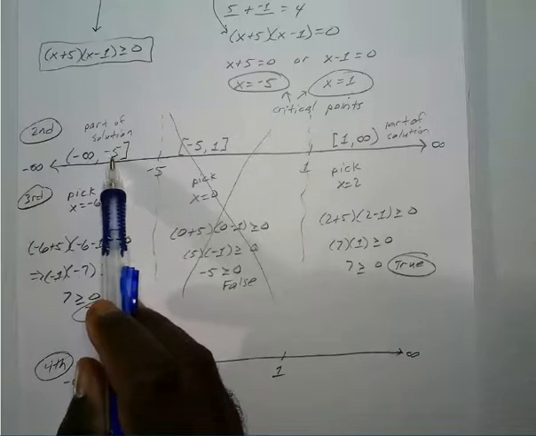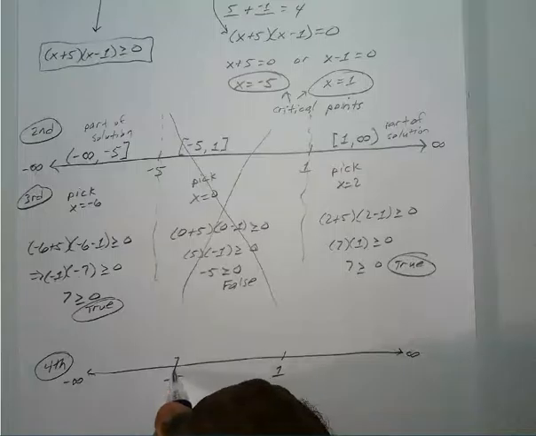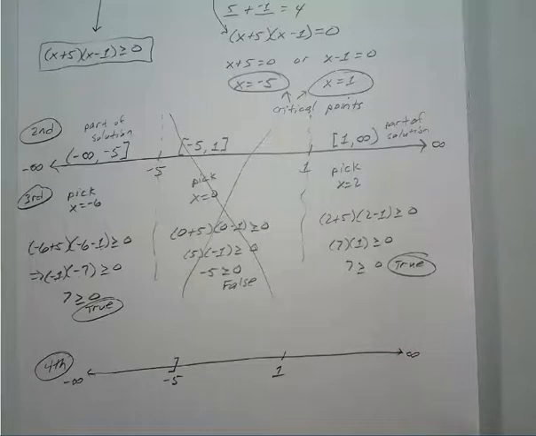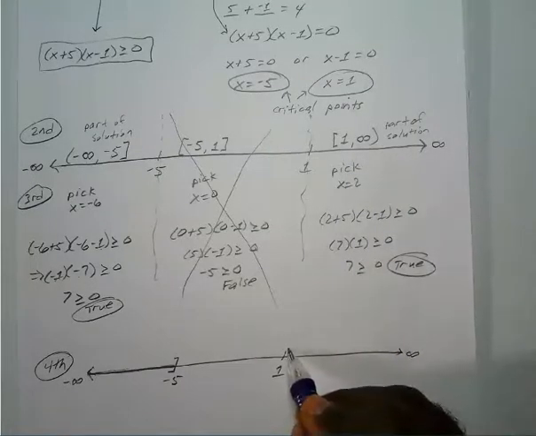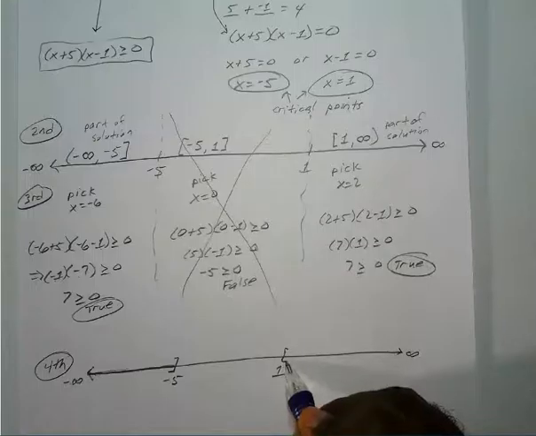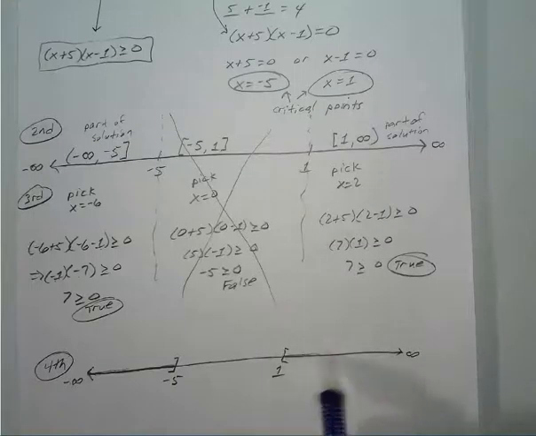And since you had a bracket here, you're going to have a bracket here also. So everything from negative infinity to negative 5 is true, so we're going to go ahead and shade that portion in. We also know from 1 to infinity is part of the solution. So again, we get our bracket, and we go ahead and shade it in.